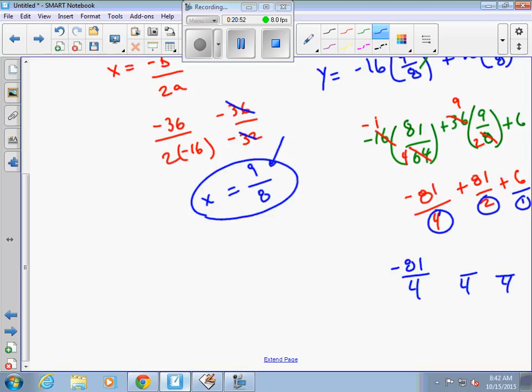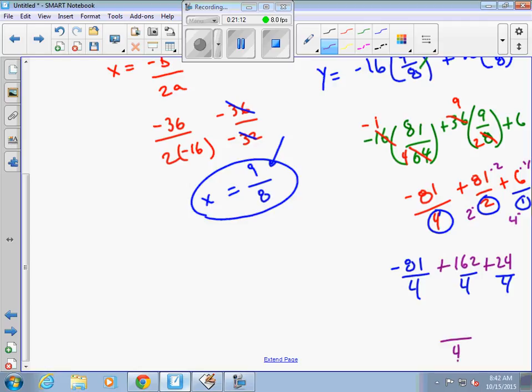-81 stays the same. 2 has to multiply by 2, so 81 has to multiply by 2, and you get 162, and that's positive. And then 1 has to multiply by 4. 6 multiplies by 4, so you get 24, and again, that one's positive. So all of the bottom numbers are the same now.